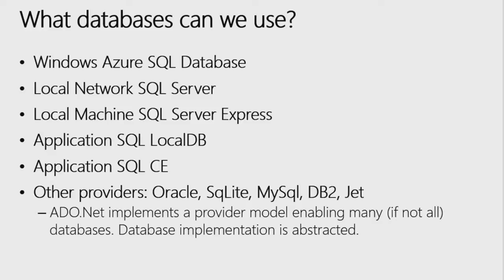Very nice. A local network, something inside our environment. Also a local machine, so I could have SQL Server installed on this device, and I could interact with it just as I would if it was on my local network. And then we also have LocalDB, which is slightly new to SQL Server.